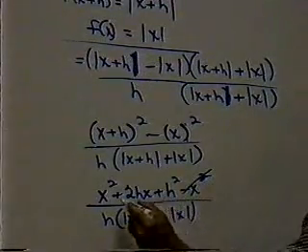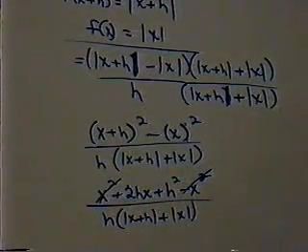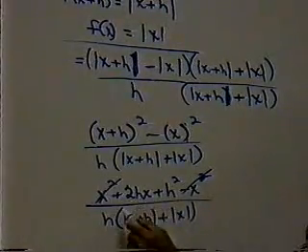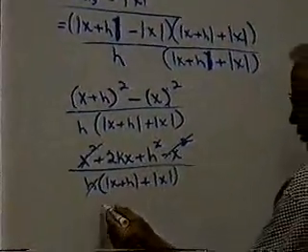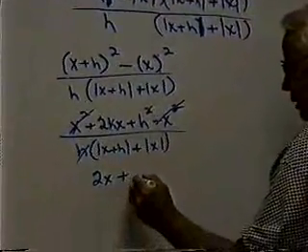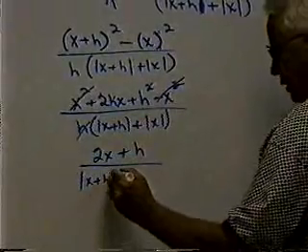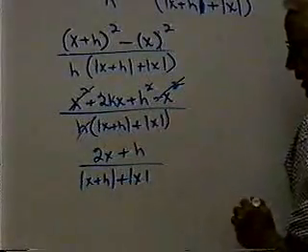And look, this drops out. And here we factor again. So we're going to factor and divide the h out. And so we have left 2x plus h over absolute value of x plus h plus absolute value of x.